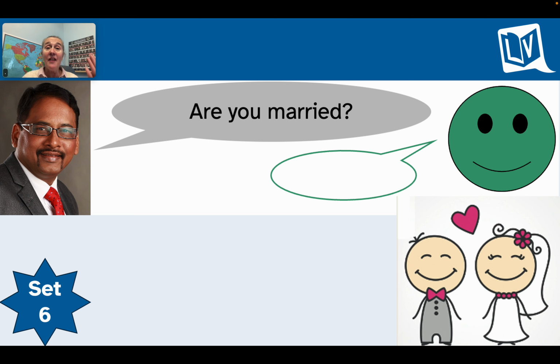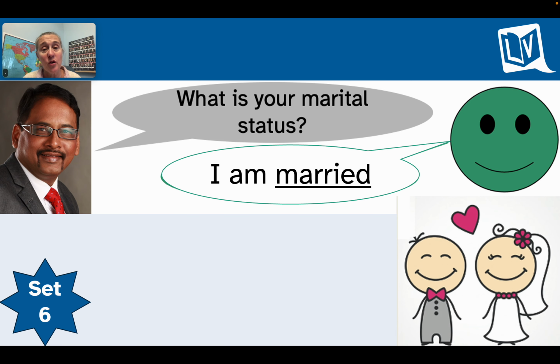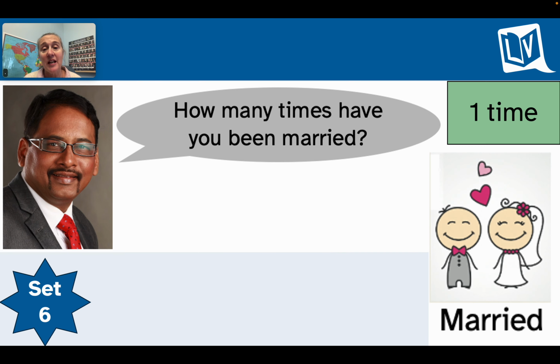Just like everyone in Set 6, we learned the officer might ask, are you married? Or they might ask, what is your marital status? If you're applying as the spouse of a U.S. citizen, then your answer will be, I am married. They might ask, how many times have you been married? Again, this is just the same question that everyone gets that we looked at in our Set 6 video.